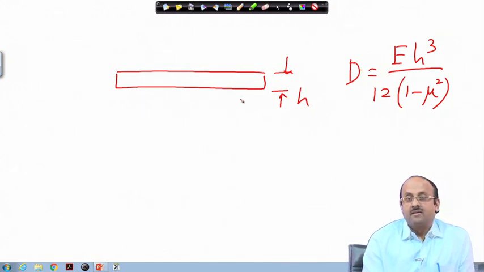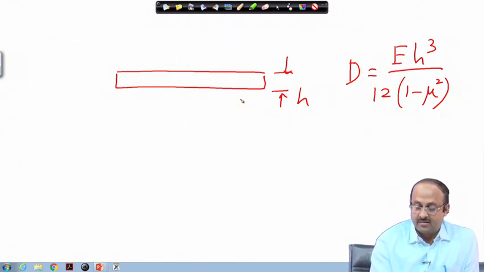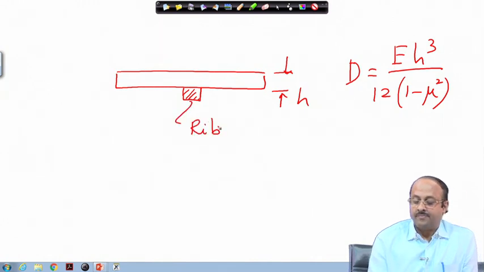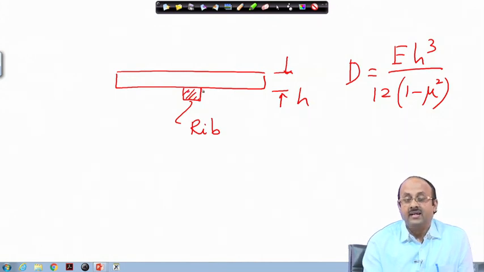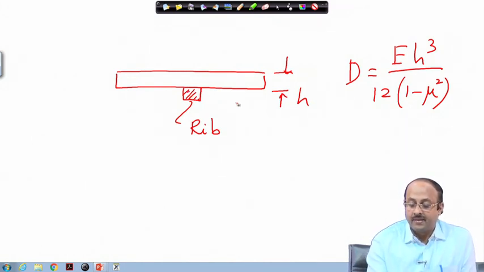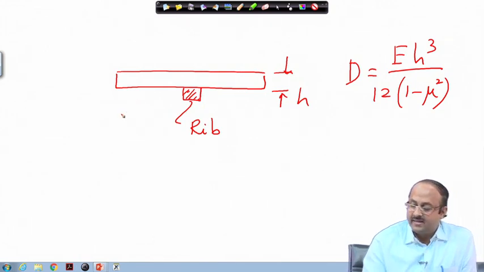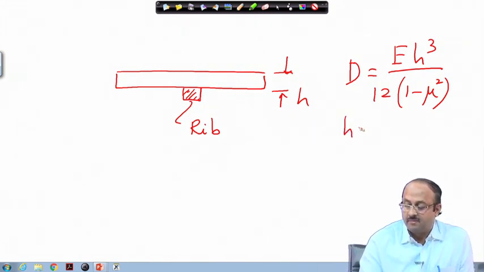Now, the thickness of the PCBs cannot be increased to a large extent, but what we can do is attach a rib over there. Intuitively it says that it will stiffen the plate, but what we can see here is that by attaching a rib, we are effectively increasing h from the given value h to h plus delta h.